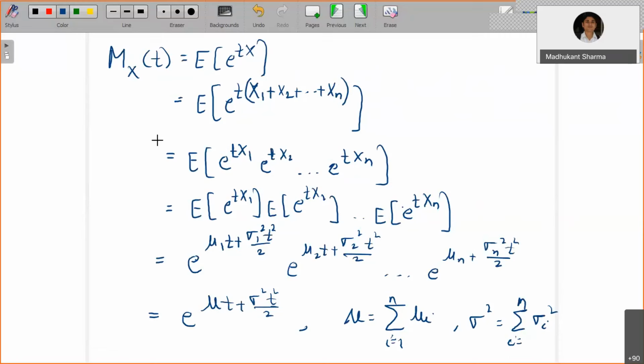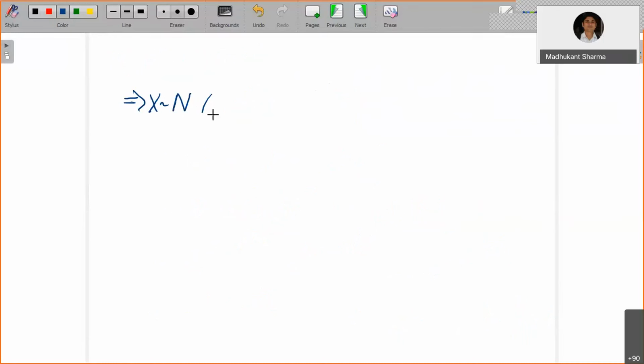So this above implies x follows normal distribution with mean mu, that is mu is the summation of mu i, and sigma square, that is the summation of sigma i square, i is 1 to n. So it proves the fact that the sum of n independent normal random variables is normal.